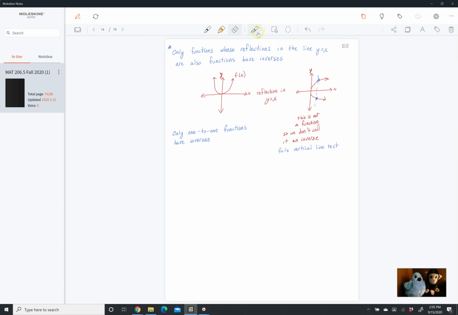Okay, so a one-to-one function passes both the vertical and the horizontal line test.